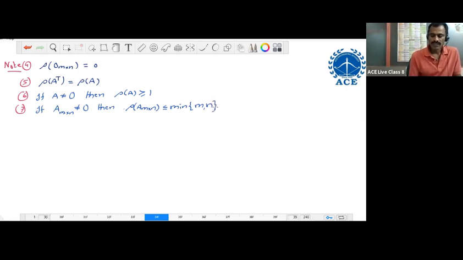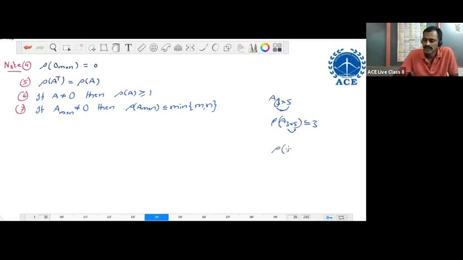For a non-zero matrix, the minimum possible rank is 1, and similarly the maximum possible rank is the minimum of these two numbers according to the order. Suppose you are given a 3 by 5 matrix A. Out of these two, the minimum number is 3. So rank of A is less than or equal to 3. So we can tell the maximum possible rank for any order matrix.